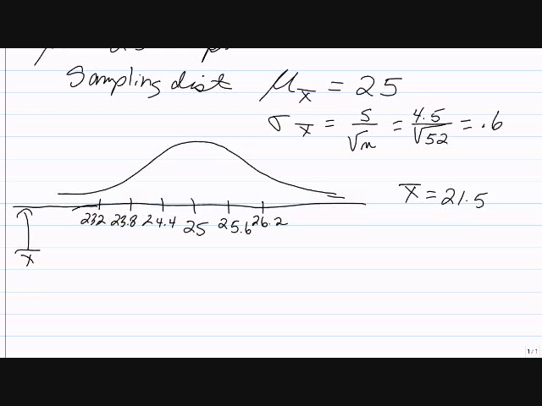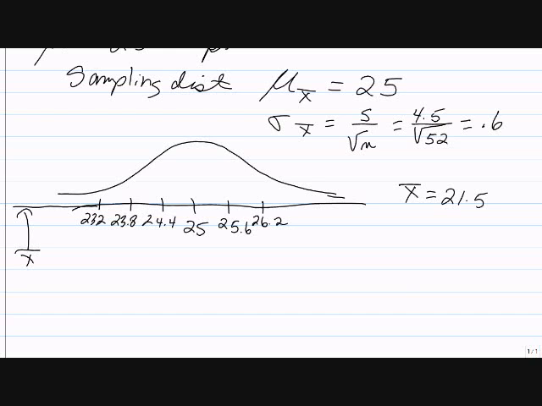So our sample mean is kind of like an outlier for this sampling distribution. And when I get a sample that looks like an outlier, I think maybe our original hypothesis was wrong. I think that the population mean may not be 25, because how often would I get a sample this far away from 25?